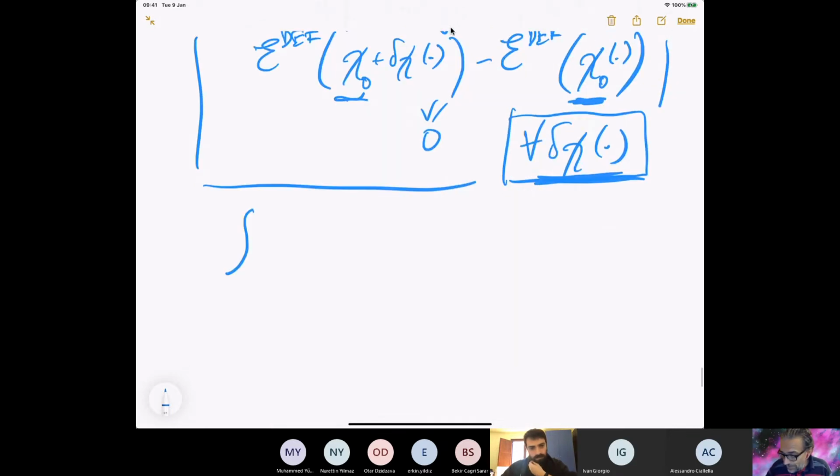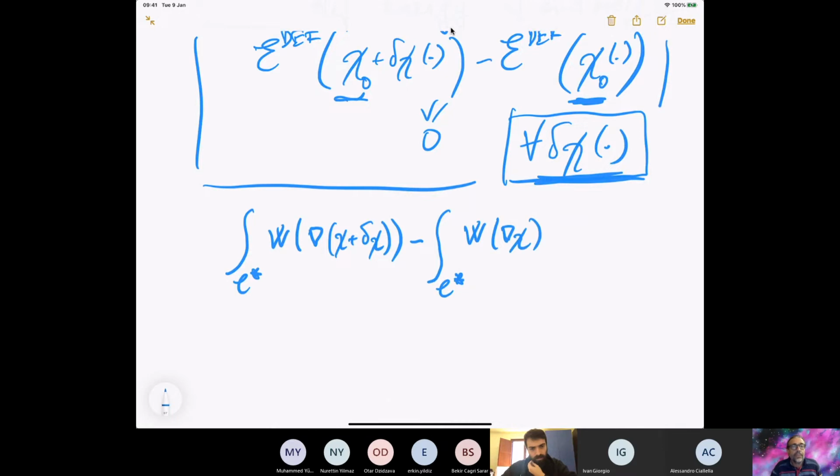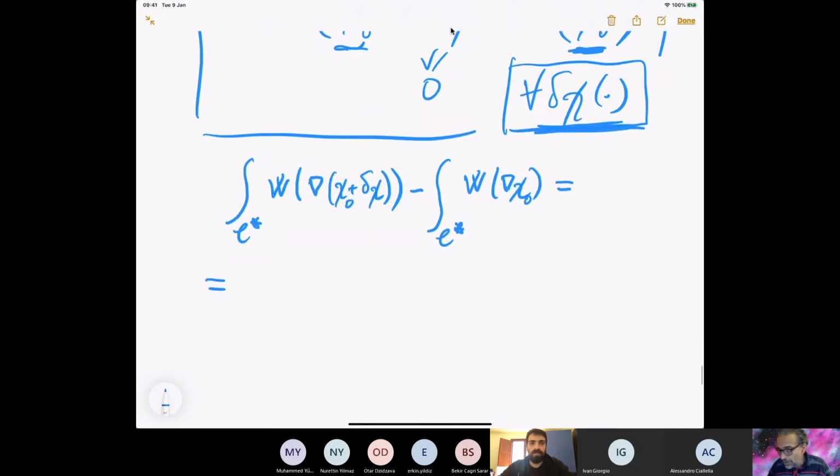We write the integral over C star of W of grad chi plus delta chi minus the integral over C star of W of grad chi, with chi zero, chi zero. And we make some transformation of this formula.